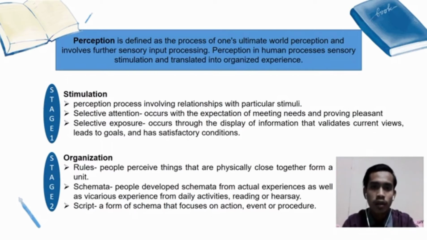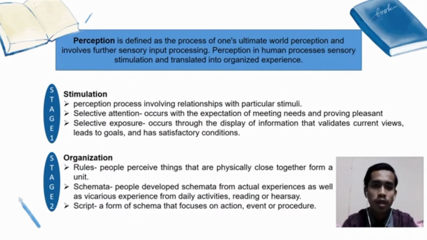Stimulation is a part of the perception process involving relationship with particular stimuli. This world is full of stimuli which, through various senses, can attract our attention. So we can systematically describe the sight, sound, smell, and taste that fill our conscious experience.